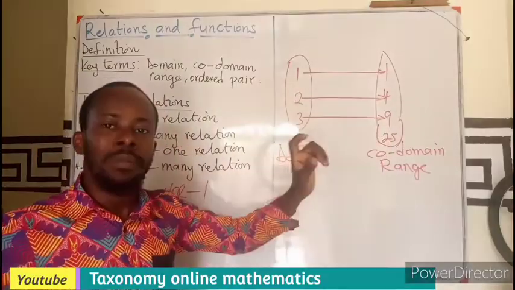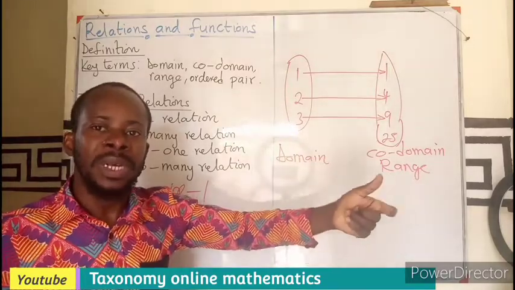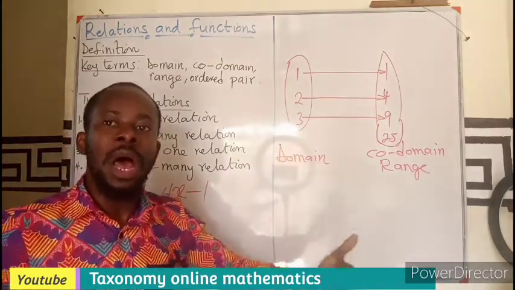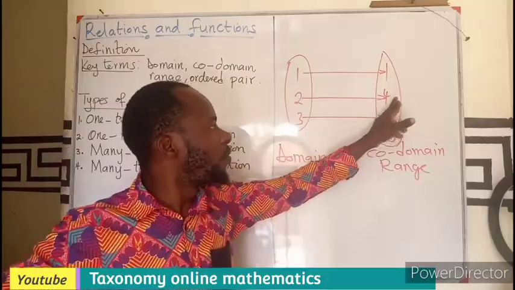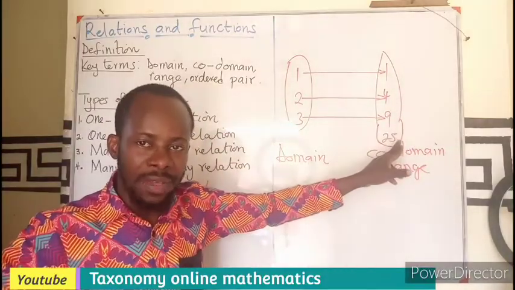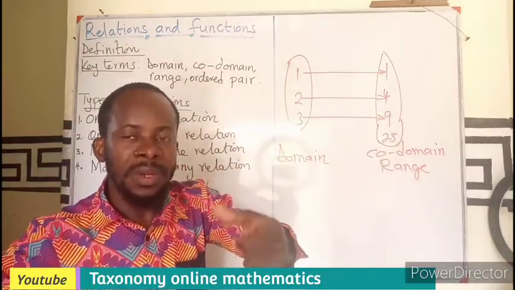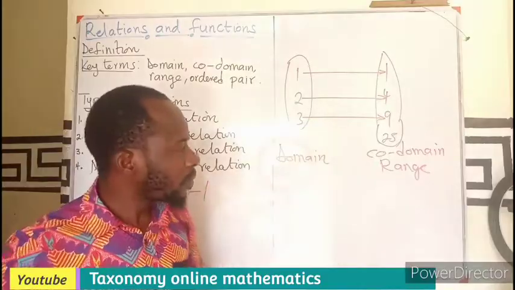So if I want to mention the codomain, the second set with which we are doing our relation, it will be 1, 4, 9, and 25. The codomain, the dependent variable.